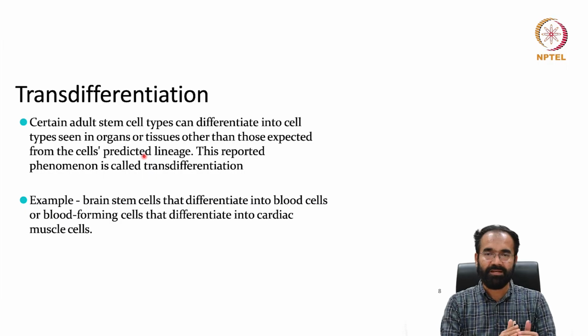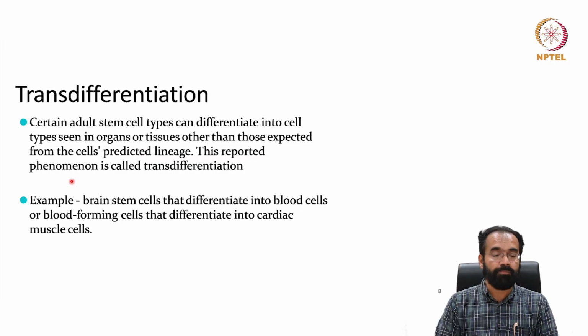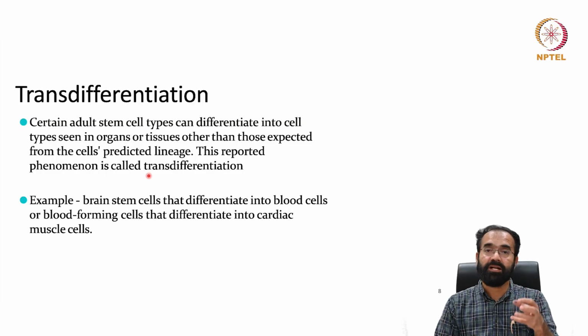Same way, if a muscle specific lineage or neuronal specific lineage, when they give rise to another cell type which is not expected from that lineage, then we usually refer to them as transdifferentiation. This reported phenomenon of transdifferentiation is very important and useful in regenerative medicine. Why?